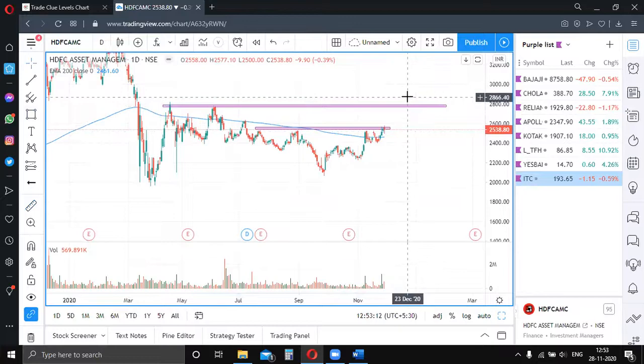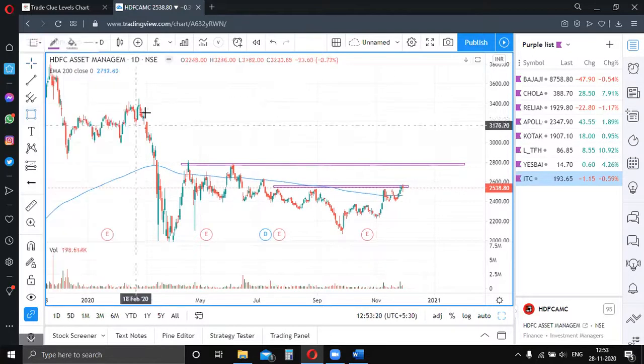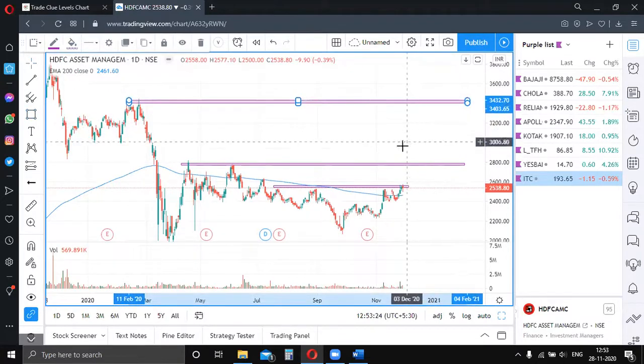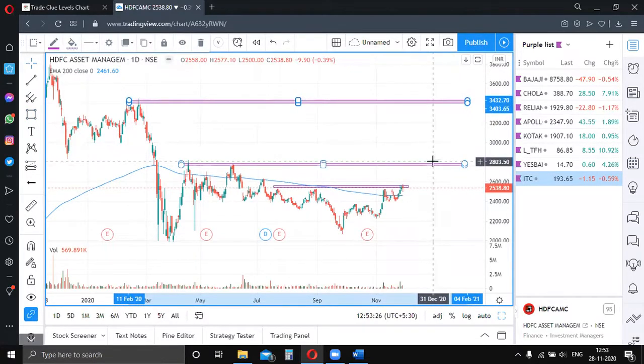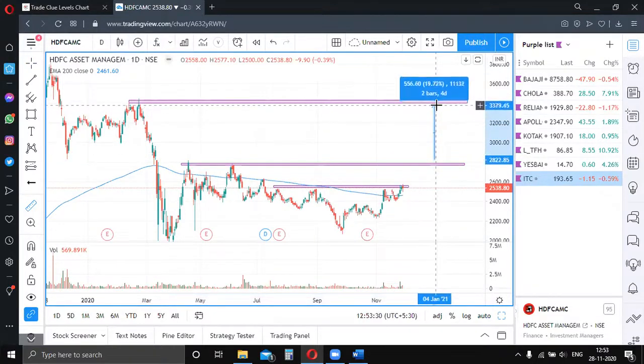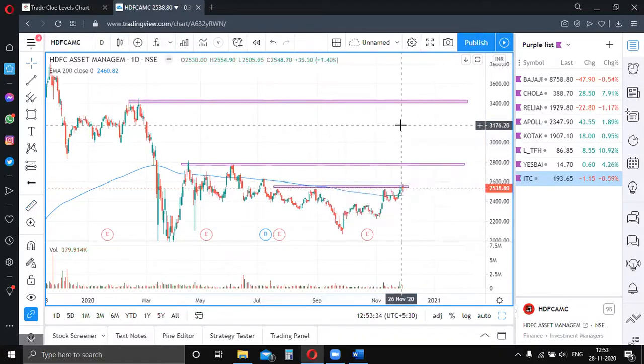If it is breaking out with the back of good volume, see now, chances are very good that you will see the stock travel till this zone. Now, this is a very good swing zone, right? To get in with. I hope you are getting a clear understanding of what I'm trying to say. There's a very good 20% move possible in this stock.